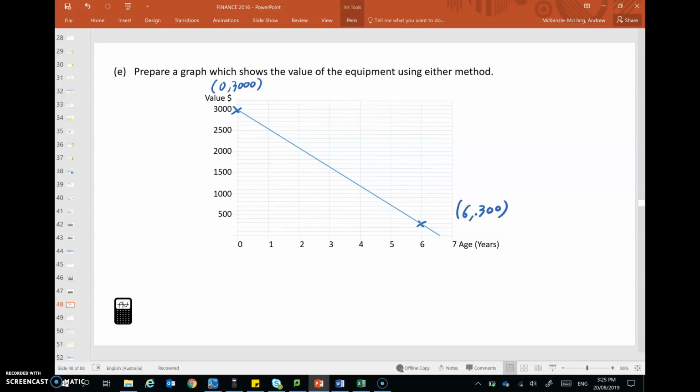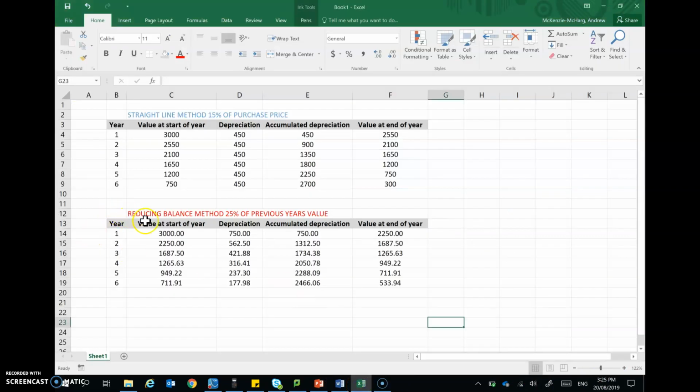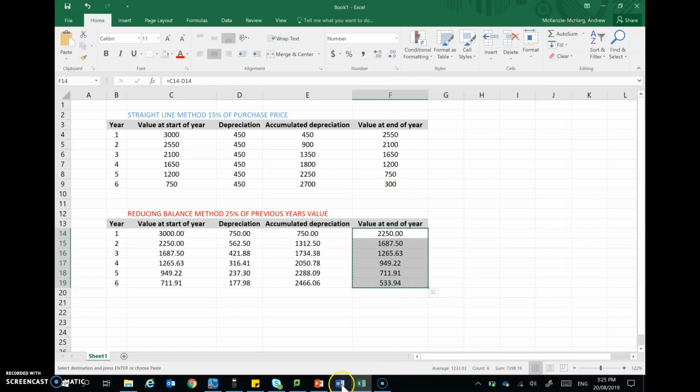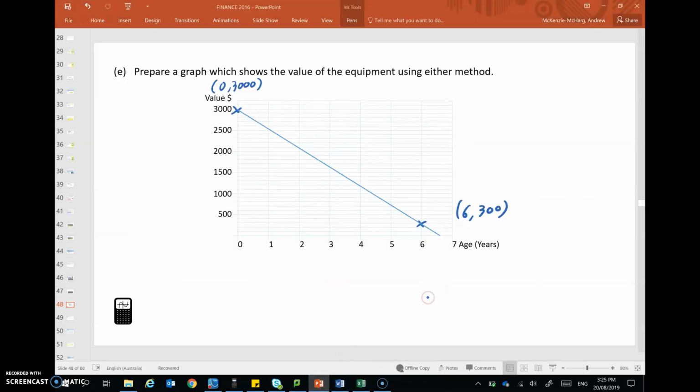Now, reducing balance is not going to be quite as simple as that. We're going to need to plot each of these values from along the way. So, talking about these ones here, I might just copy them and see if I can bring them in over here.